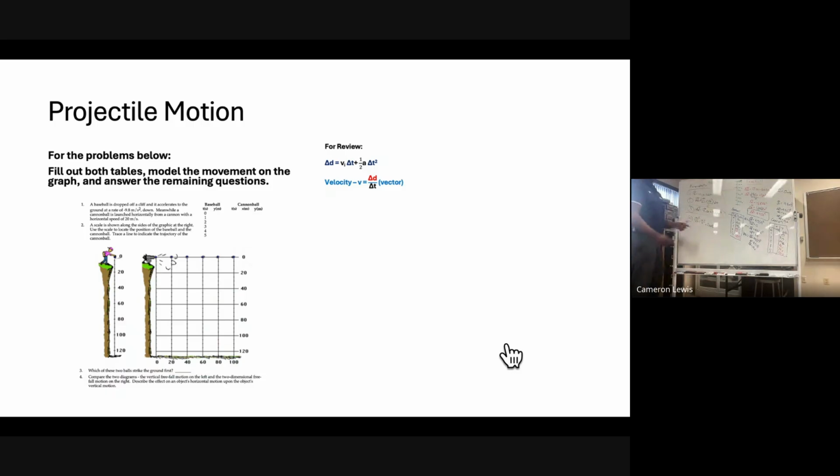Let's use this same equation up here, because we want to find displacement horizontally. This is what we did when we found it in the Y. Now we need to find it in the X. So let's do the same thing, but just in the X.